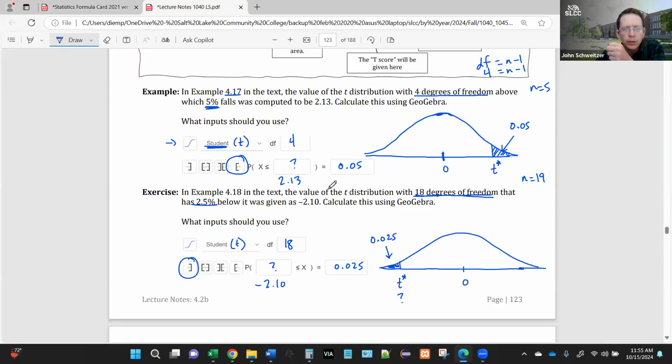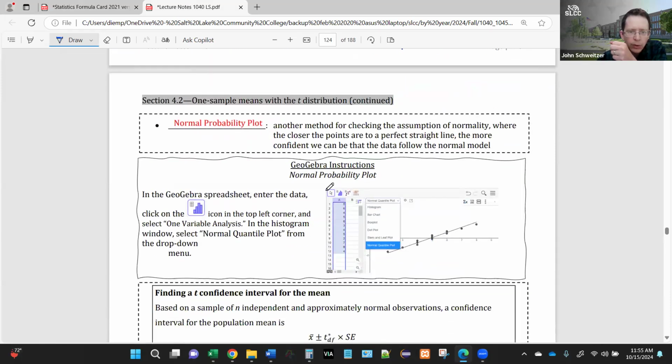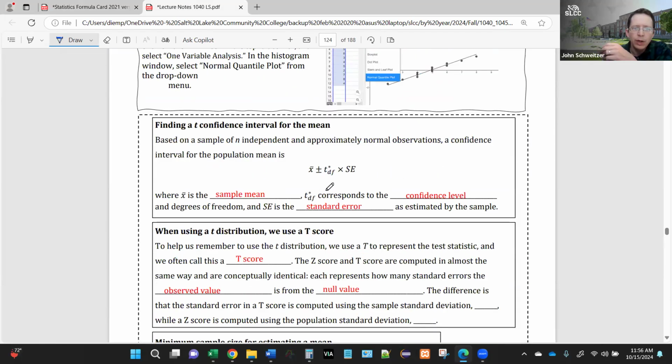So we're actually ready now to jump into the t-distribution. Okay, so the formula is similar. We have a point estimate, instead of p hat, it's now x bar because this is quantitative data, plus or minus a margin of error.